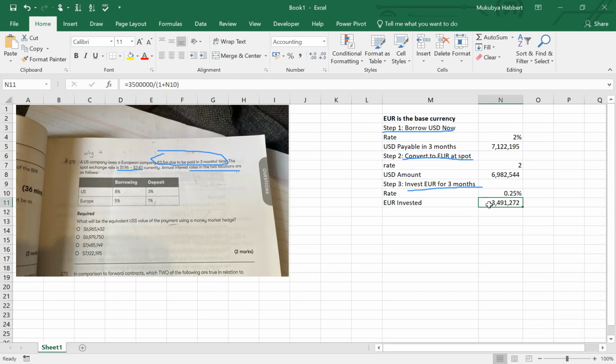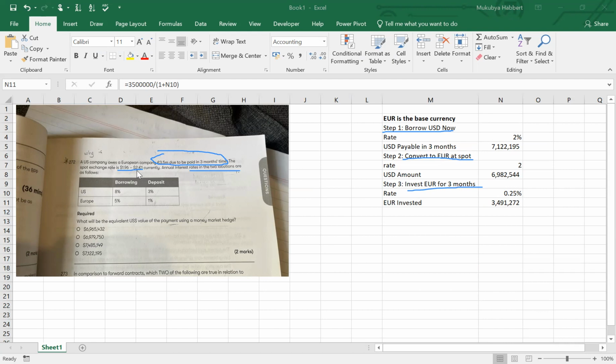Now the thing is, you don't have euros, but you have borrowed dollars. As I said, you borrow dollars, then convert to euros. So that means that you're going to need to convert the dollars to euros. And remember, euro is the base currency, so we are actually buying the base currency. And if we are buying the base currency, the bank is going to sell to us the base currency, and they sell at 2.